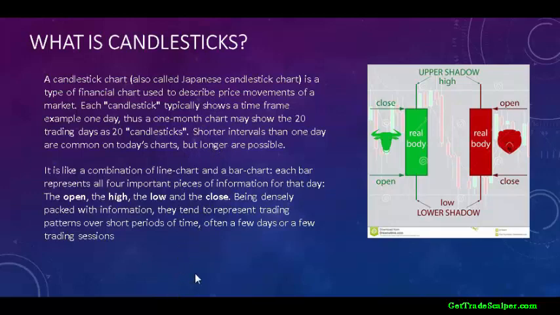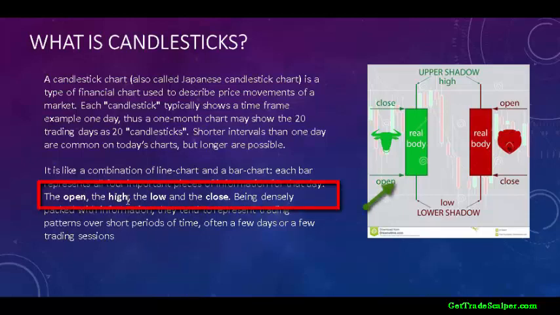It's like a combination of a line chart and a bar chart kind of intertwined into one, and each of the candle bars represents four important pieces of information. Price information: it's the open price, the high price, the low price, and the closing price.